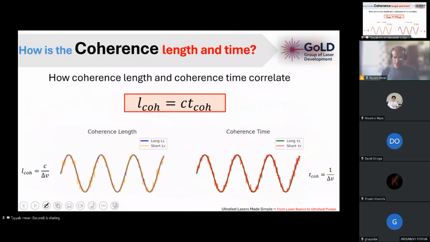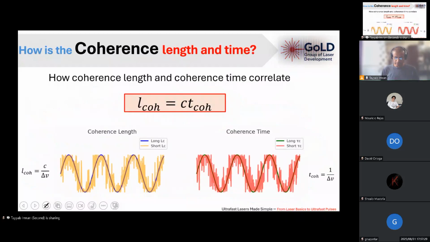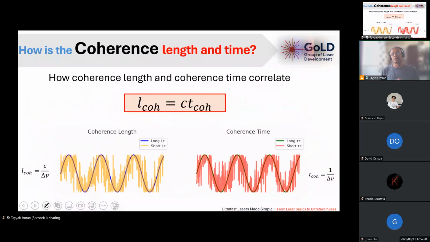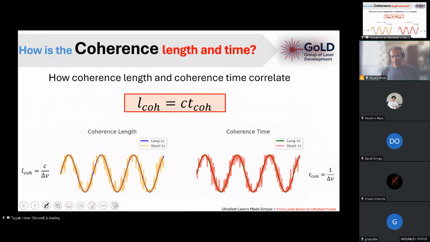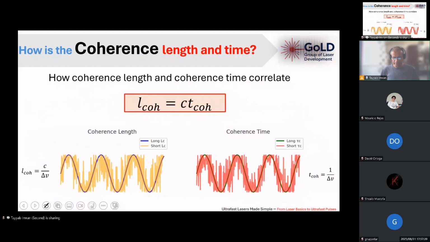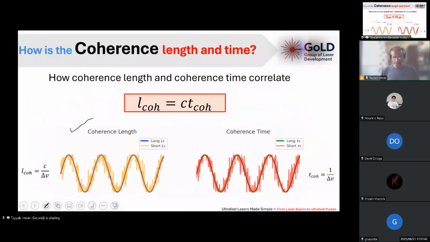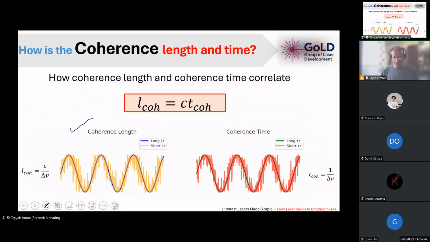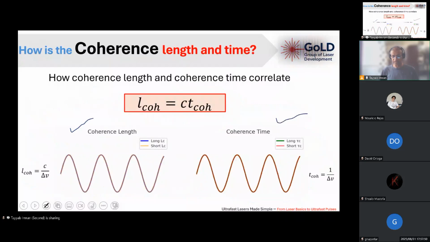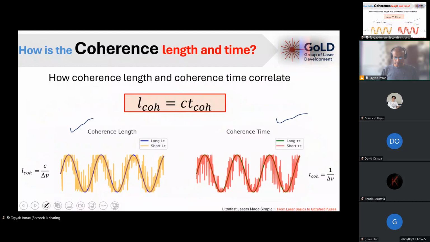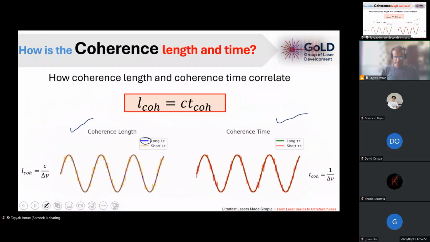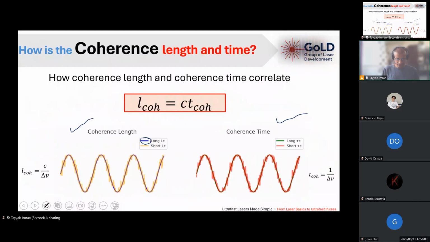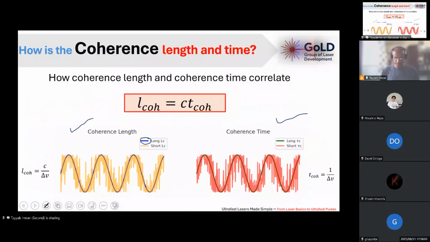One example. In general, if you see it in the form of a wave like this, this side shows the coherence length phenomena, and here the coherence time phenomena. This color, which is kind of blue, you can see this wave.